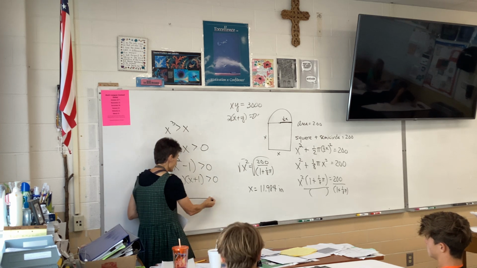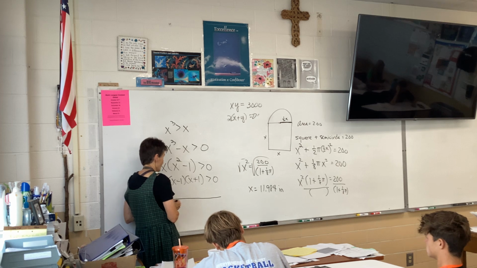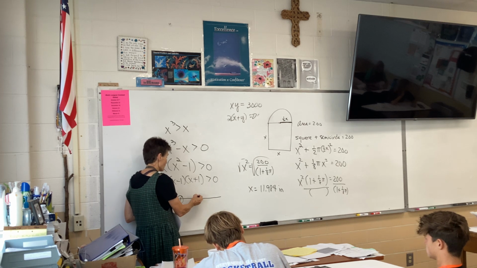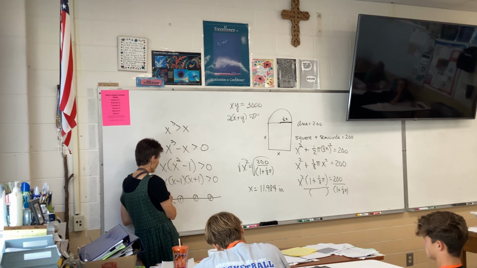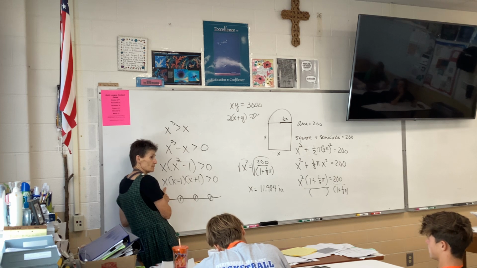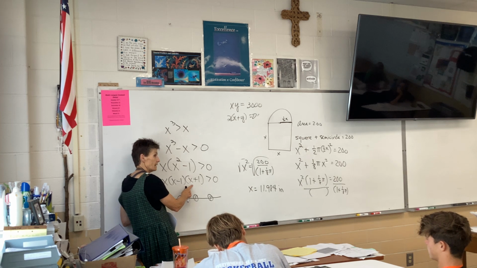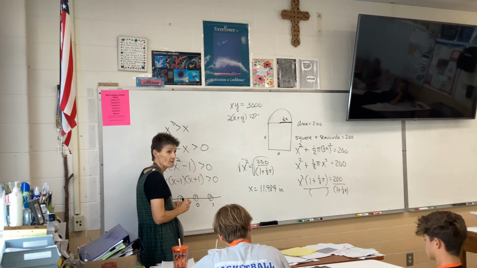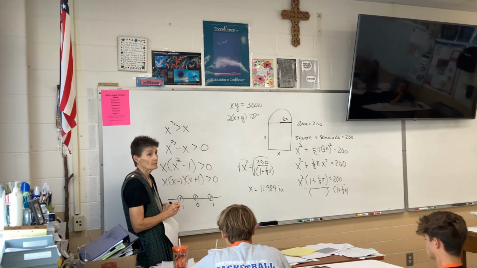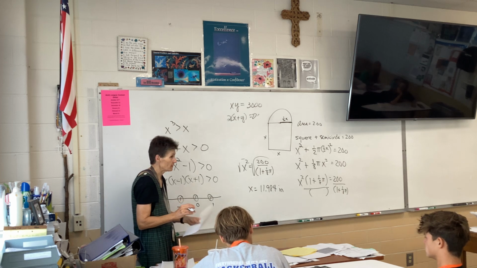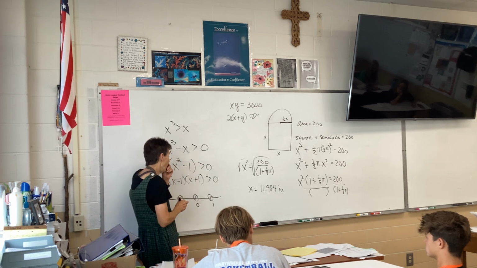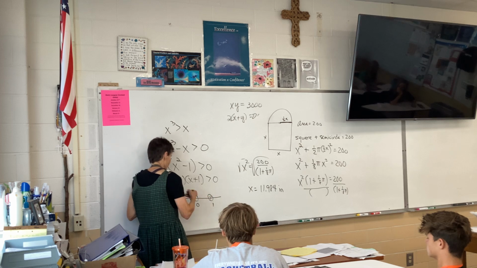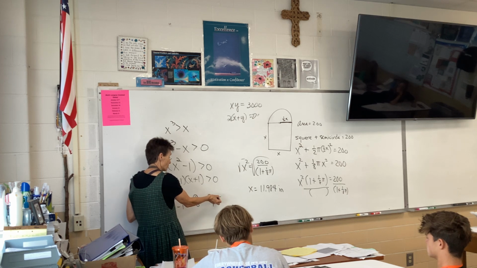So here's my trusty number line. The zeros, or the dots on the number line, are going to be at 0, 1, and negative 1. Part of that number line is going to be shaded, and I have to figure out which parts. I can pick a number out here like 2.